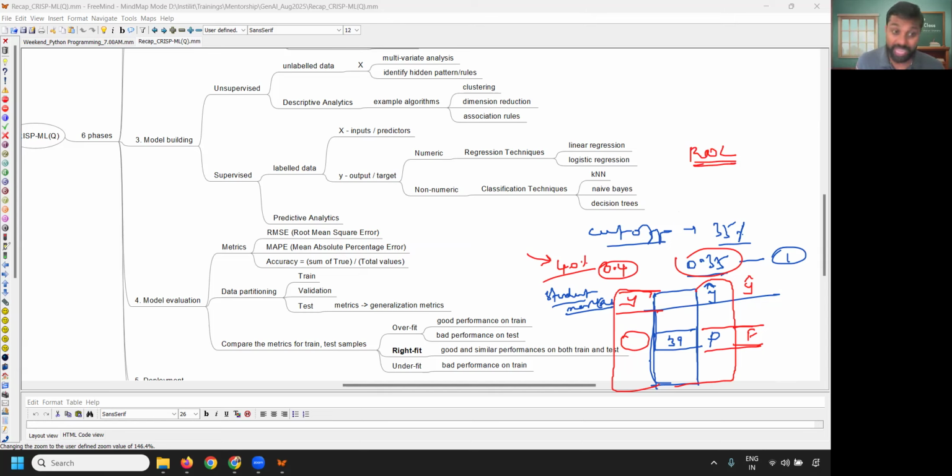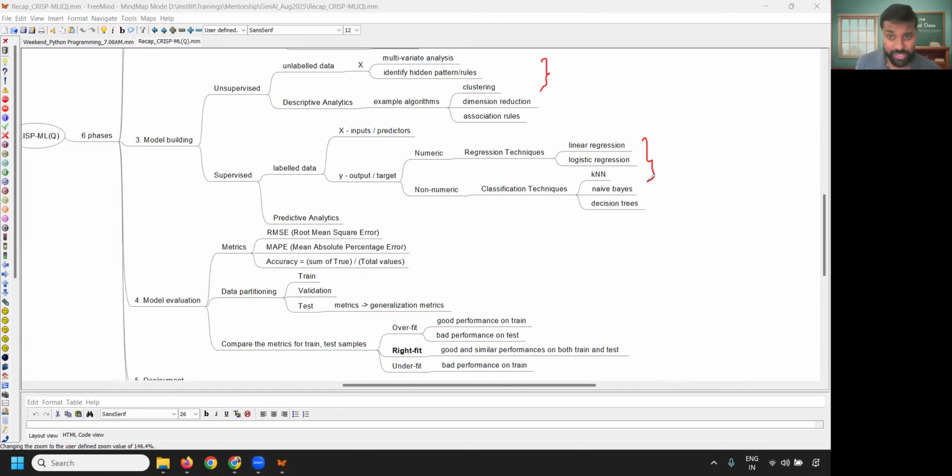Whatever algorithms we are talking about, whether it is supervised, unsupervised, regression or classification, we have to use the model evaluation techniques and compare if we get the desired result. So this basically defines quality.